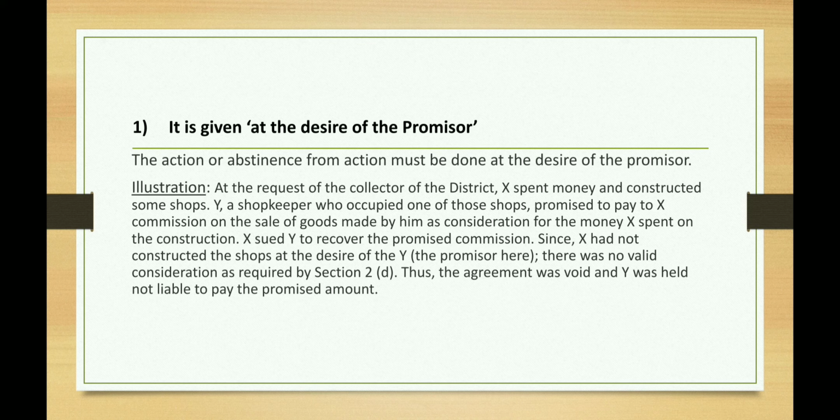X sued Y to recover the promised commission. Since X had not constructed the shops at the desire of Y, the promisor, there was no valid consideration as required by Section 2(d). Thus, the agreement was void and Y was held not liable to pay the promised amount.